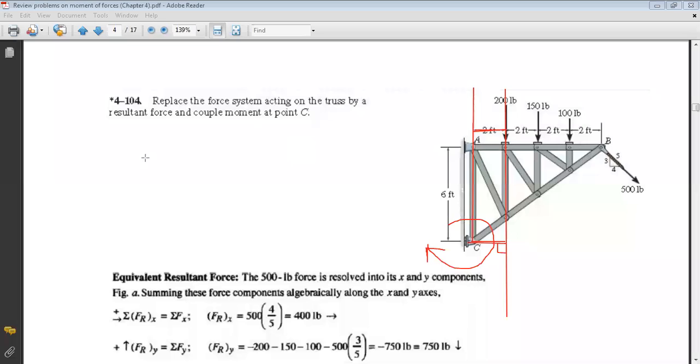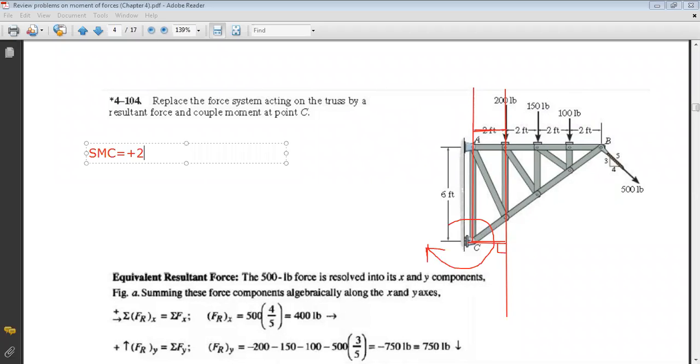Or you can directly do the summation and put it like this: sum of moments about C. Since you have selected clockwise as the positive direction, and these forces produce a moment in the clockwise direction, you take plus.